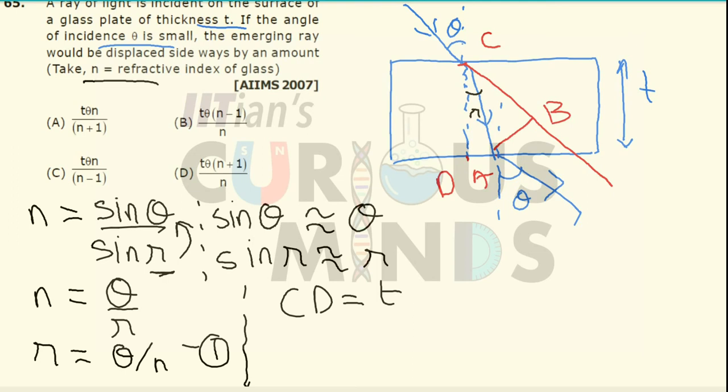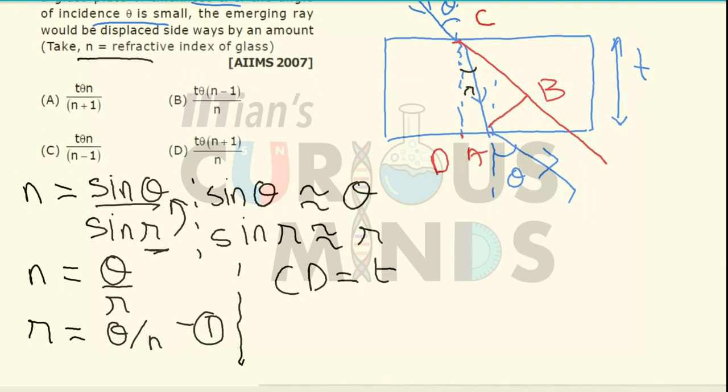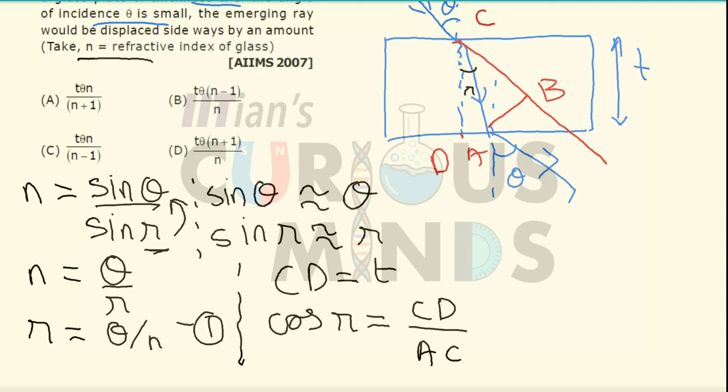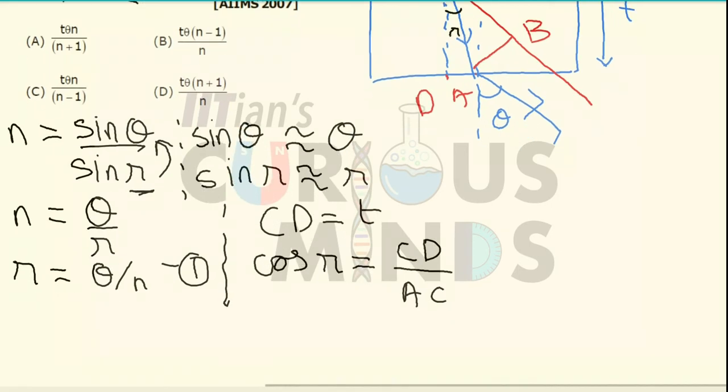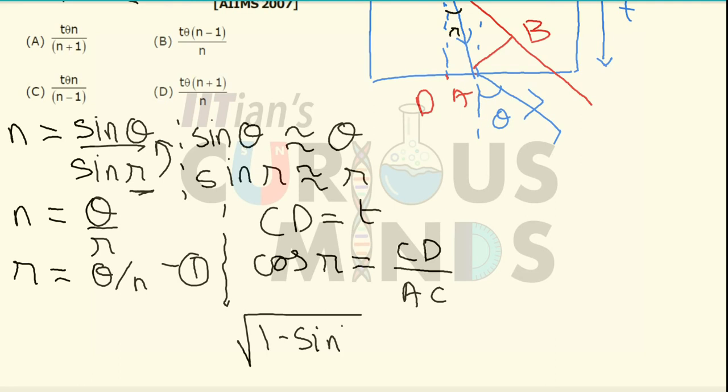So cos r is equal to CD divided by AC. Now cos r can be written as root of 1 minus sin square r.